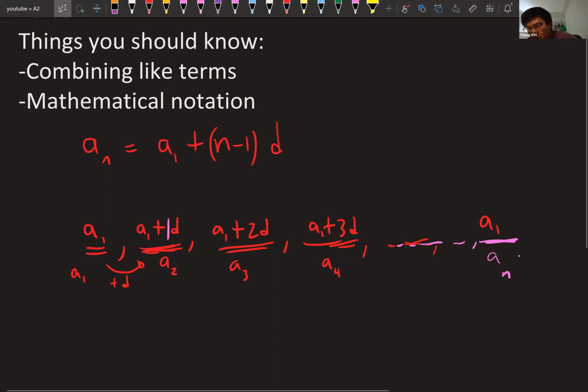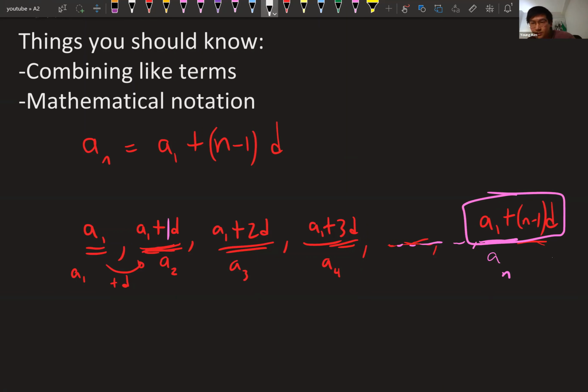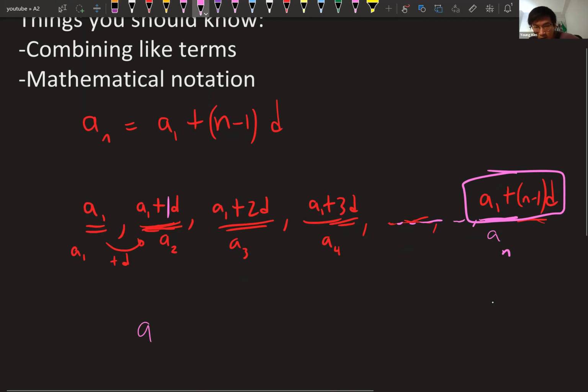You're adding D, and this n minus 1 is like the coefficient. So this is it: the nth term's value is just the first term plus n minus 1 times D.